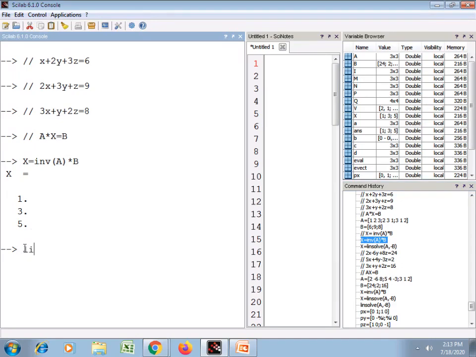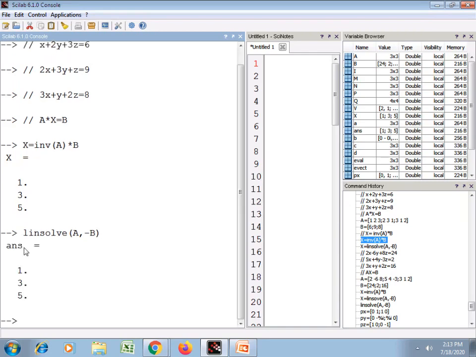Again we use another command to directly get the solution of the linear equation. So first we write A and then minus B. So again we will get the same result.